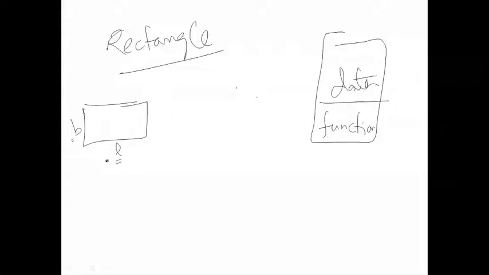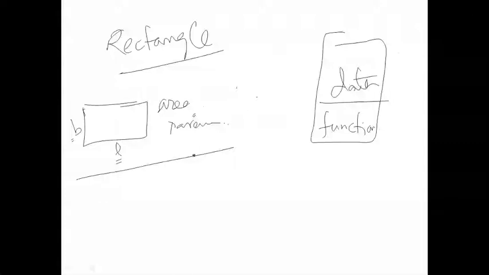These are the information or properties we have, and we have other things as properties, suppose area and perimeter. So these are the information associated with the rectangle.